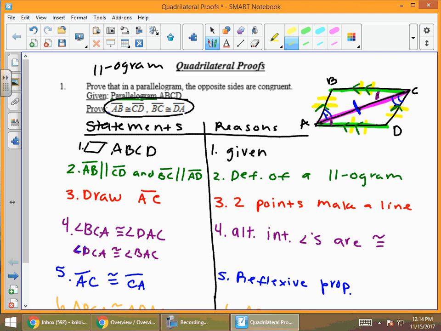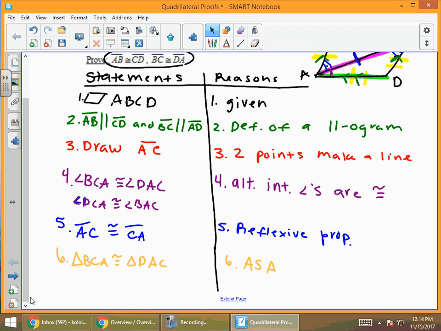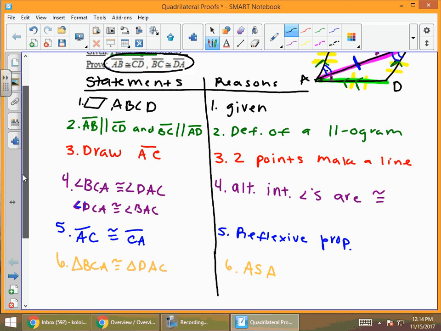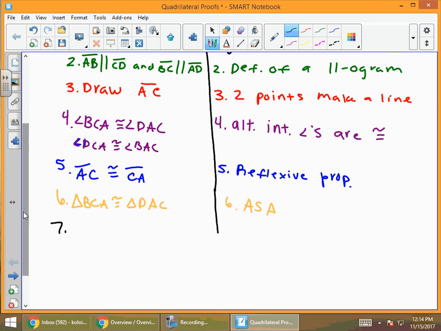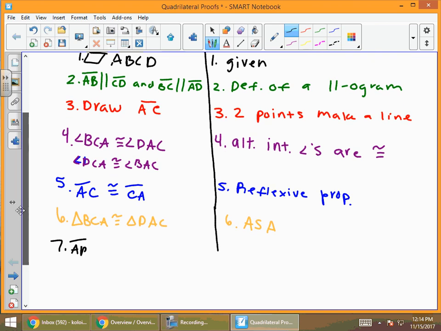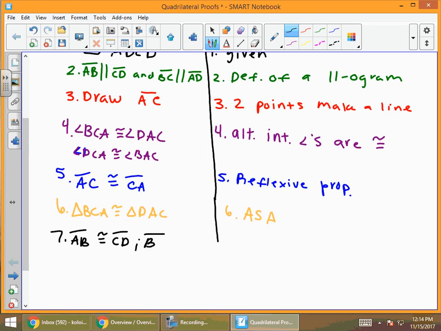What reason do we always use to say the parts of triangles are congruent? CPCTC. Okay. So then we would state what we're trying to prove. AB is congruent to CD and BC is congruent to DA. And our reason is CPCTC.